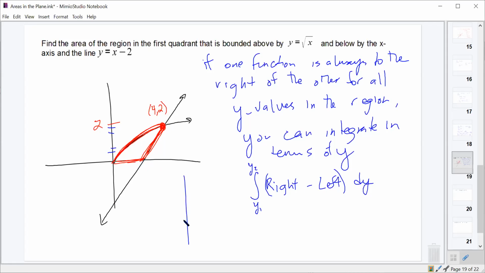For example, what if I gave you something like this function and this function and said to you, find the area of the region enclosed by those two equations? Well, there's a lot of issues with this.